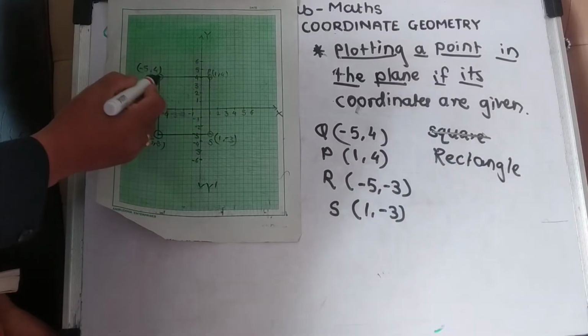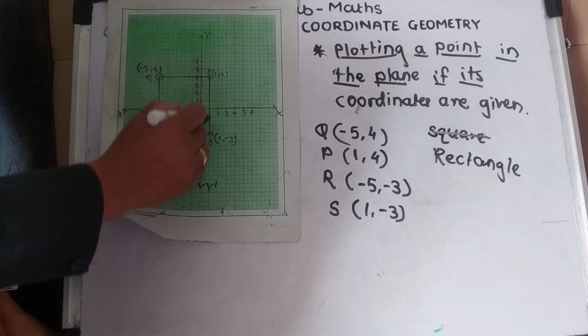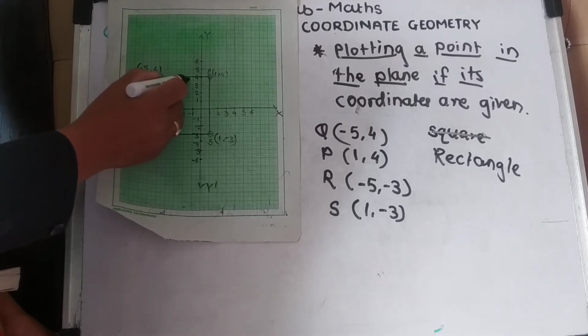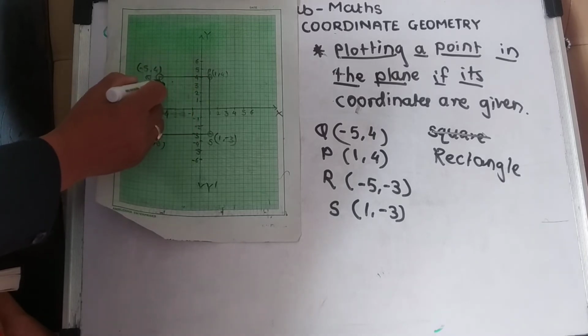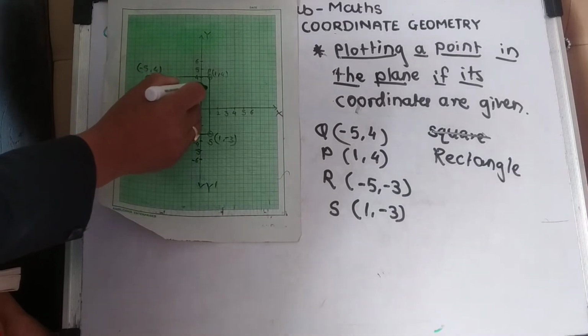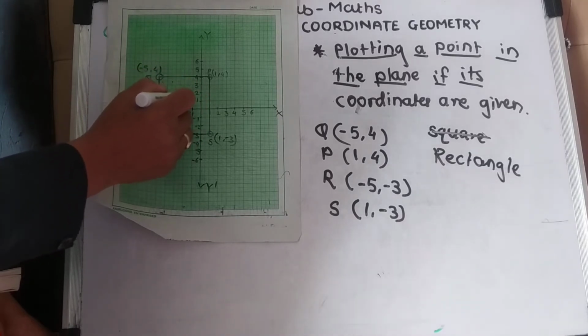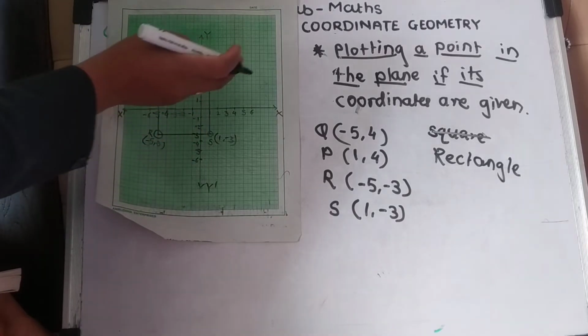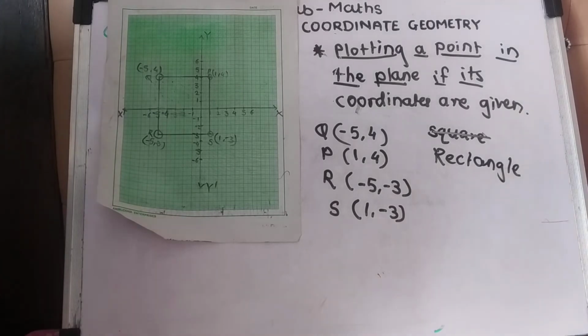Or you can simply count the squares occupied by this rectangle. See, 1, 2, 3, 4, 5, 6, 7, 8, 9, 10, 11, 12, 13, 14, 15, 16, 17, 18, 19, 20, 21, 22, 23. Means likewise 7 vertically and 6 horizontally. So 6 sevens are 42 is the area of this rectangle.